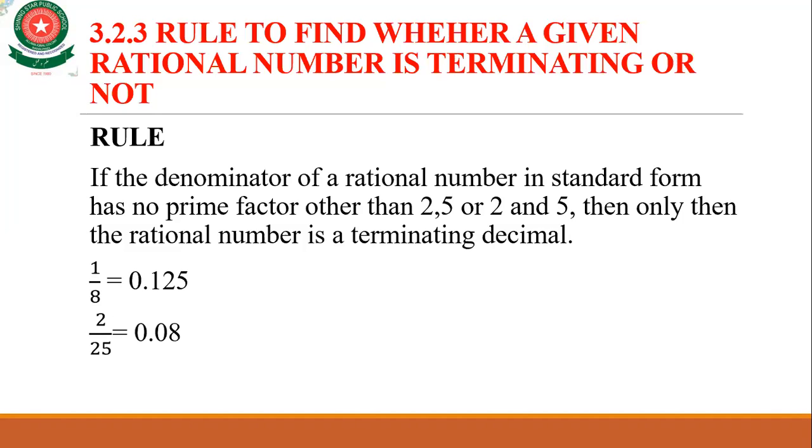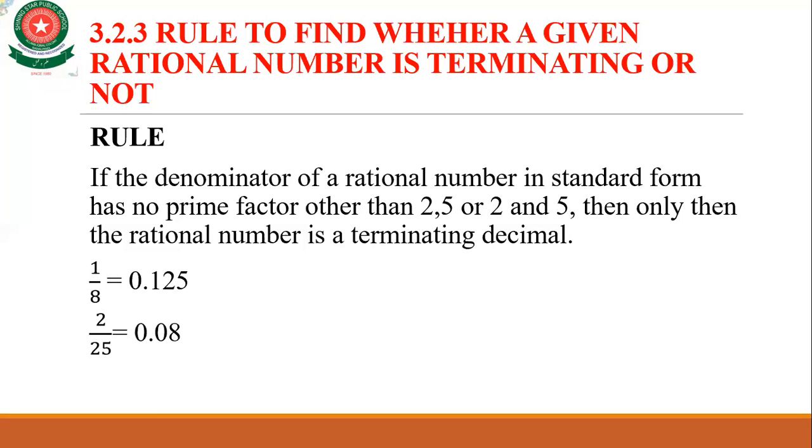Example: 1 by 8. If we reduce it to standard form, we get 1 by 2. In the above rule we studied that if we have 2 or 5 in the denominator, which are prime numbers, then the rational number will be a terminating decimal. For example, we have 1 by 8, and when we convert it into a decimal, we get 0.125.